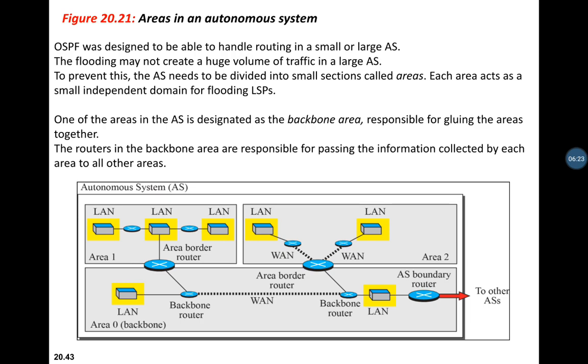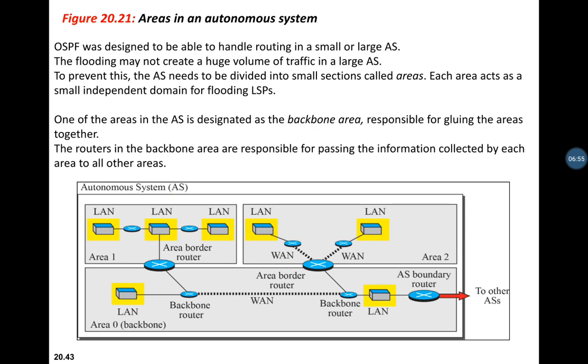You can see here below, the backbone area is responsible for combining the areas together. The routers in the backbone area are responsible for passing the information collected by each area to all the other areas. So here you can see the different areas: area 1, area 2, and area 0.